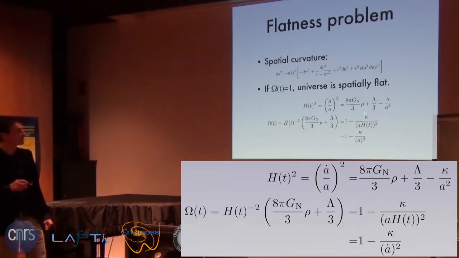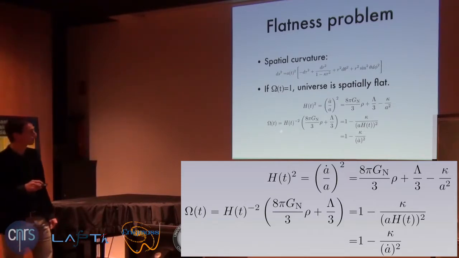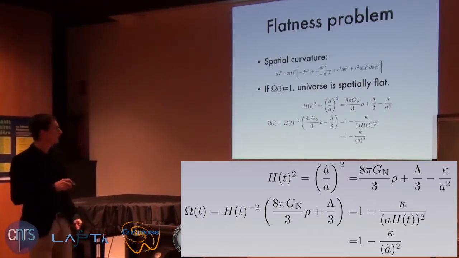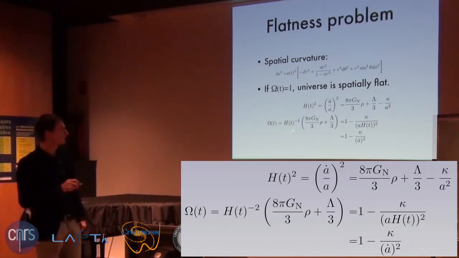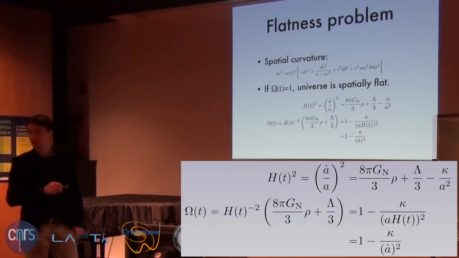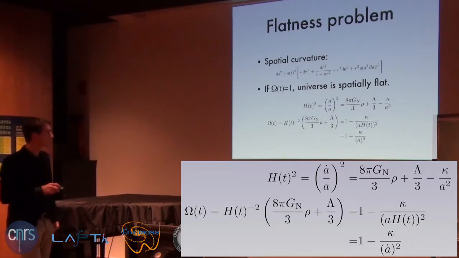Now if you look at the difference between matter and curvature in their role in the scale factor, then you will see that the contribution of matter to the scale factor, which in this slide I call omega of t, is simply the matter term divided by the total of this equation, is 1 minus the curvature contribution, which is curvature over A dot squared.